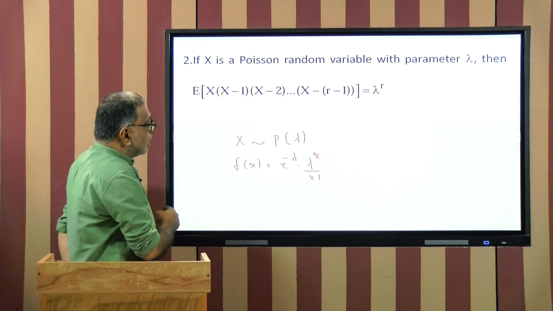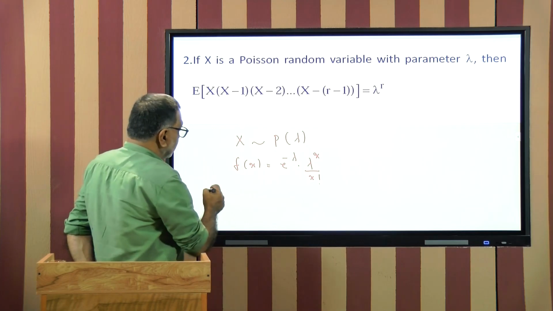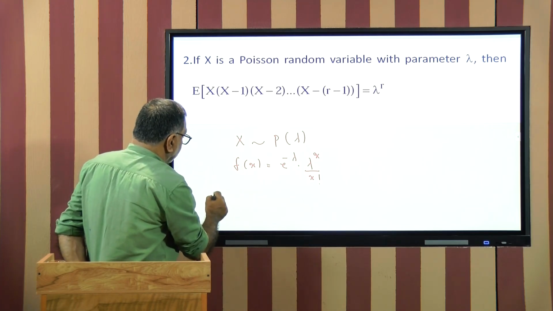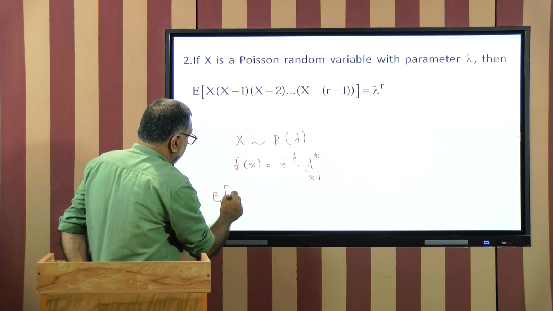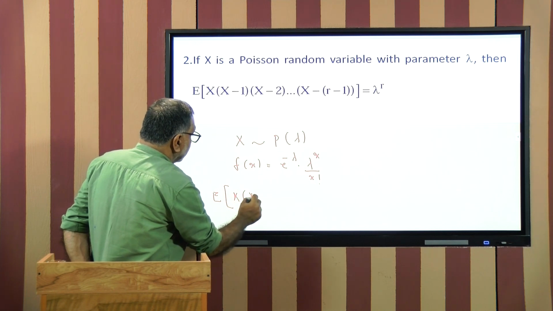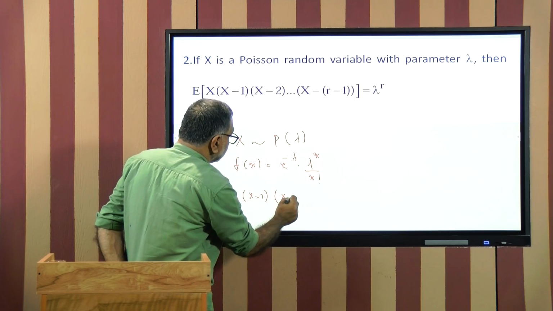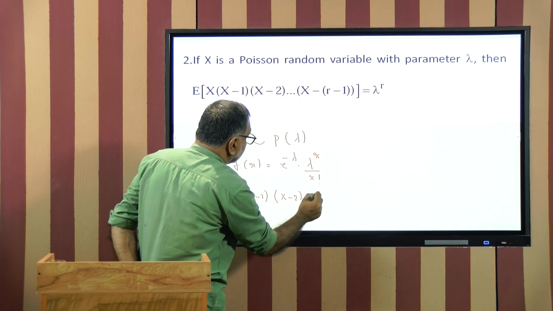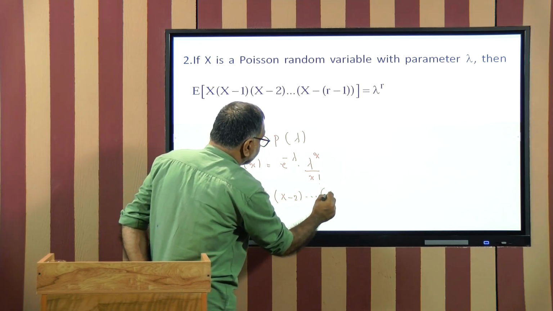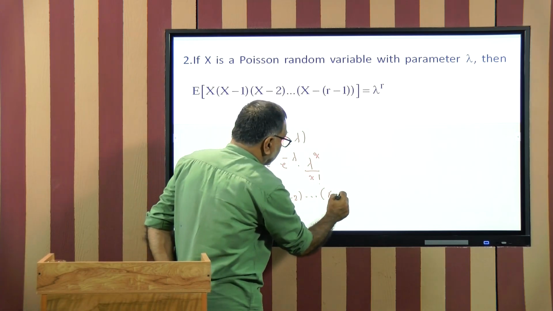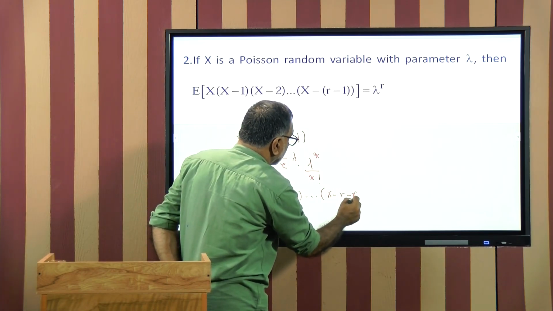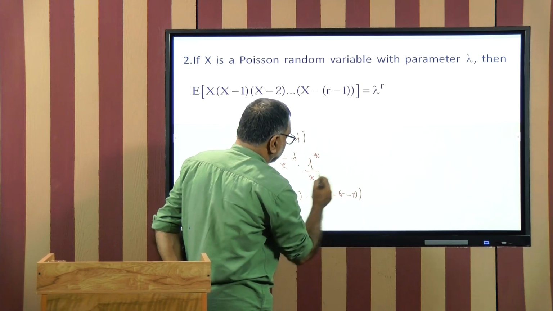Okay. And what we are doing here is we are finding the expectation of x(x-1)(x-2)... up to (x-r+1). Okay.